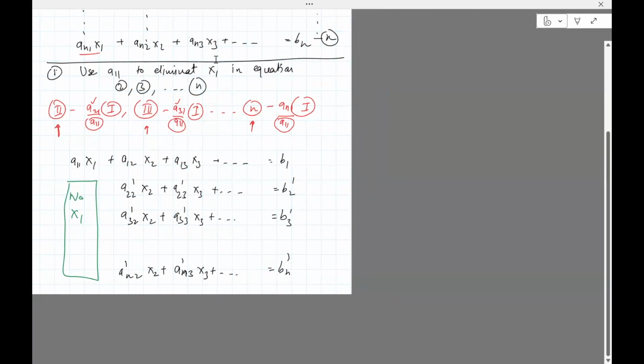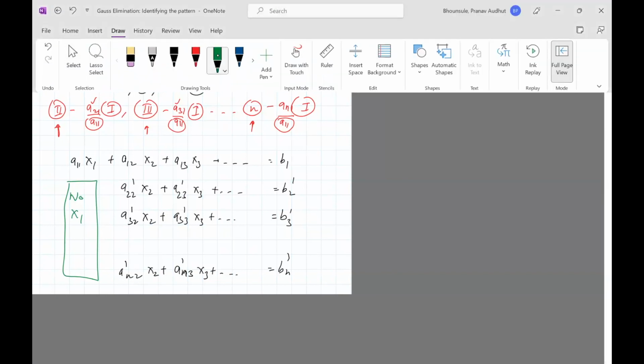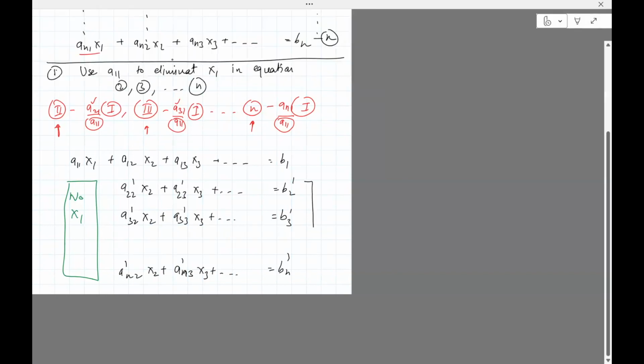Okay, now what you find is that you're left with n minus 1 equations. These are your n minus 1 equations. What you can do is you can play the same trick as you played on the n set of equations.